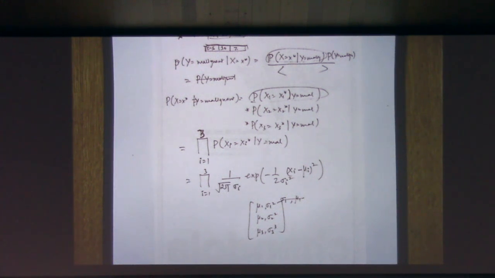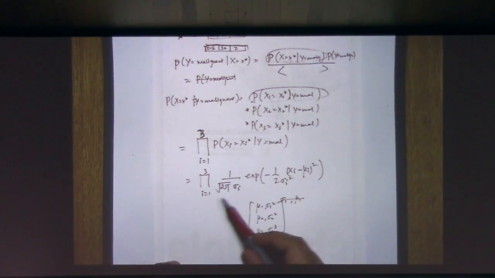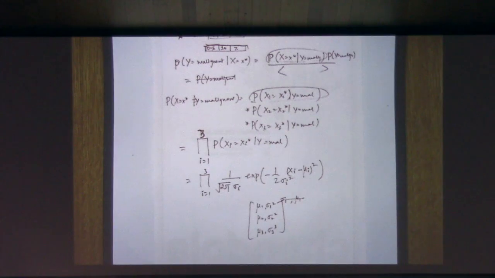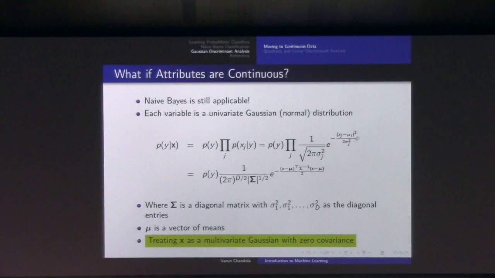All right. So the next thing that we observe is that this product can also be written as this value. And that is where I'll stop today, and maybe we'll do more next time. This product here can actually be written as a multivariate Gaussian distribution.